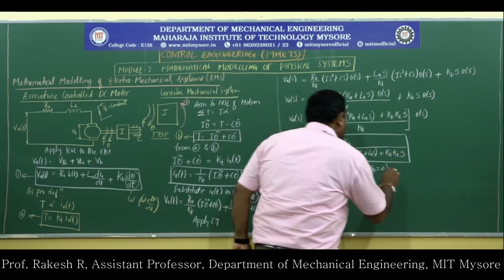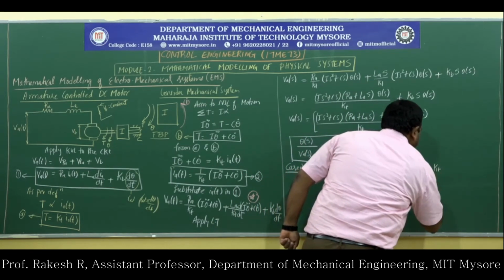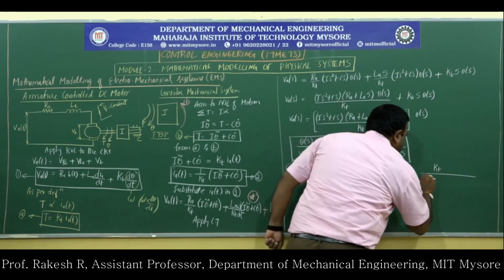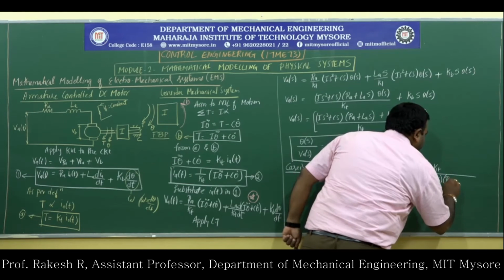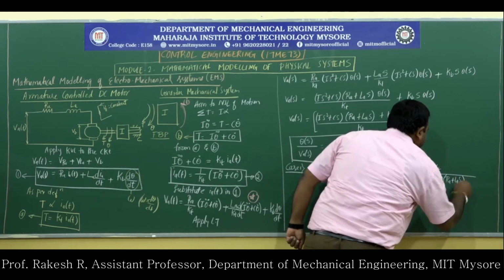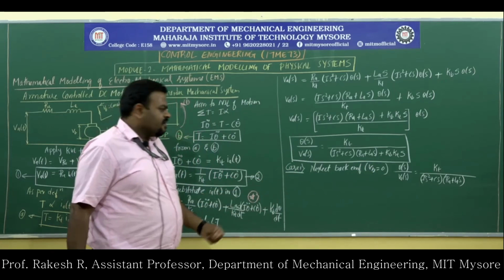So the equation will be theta of S divided by VA of S will be equal to KT divided by IS square plus CS into RA plus LA into S. So this is the equation if you neglect the back EMF.